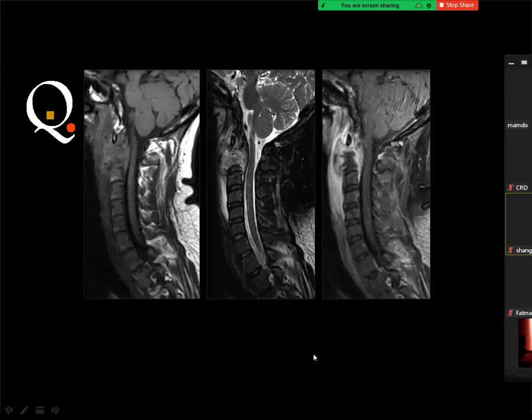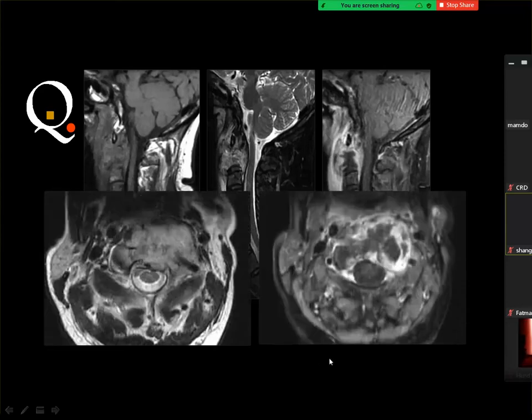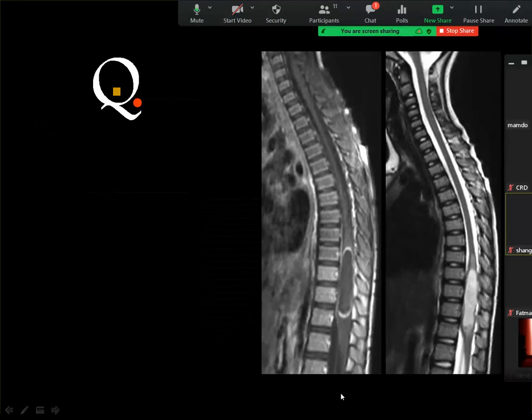The involvement of the discs is classic for an inflammatory condition. This is the axial T2 and the axial T1 post contrast with heterogeneous enhancement of the extraosseous soft tissue component, diagnostic of TB spondylitis.